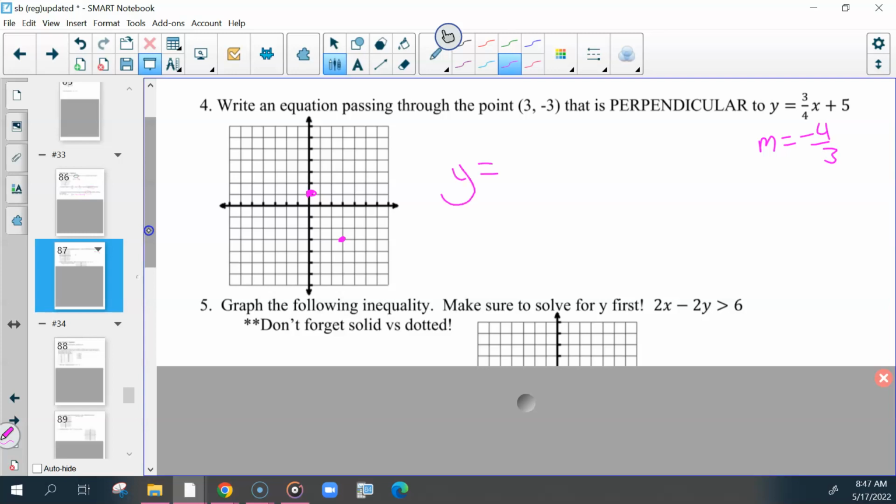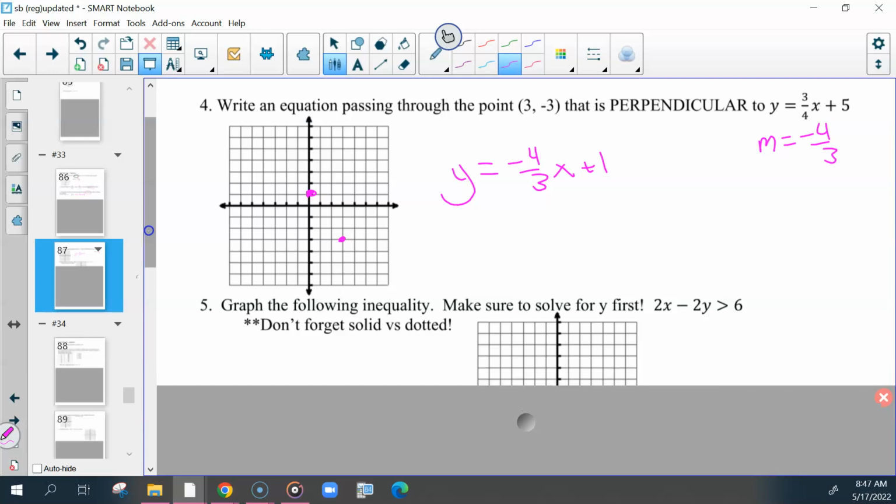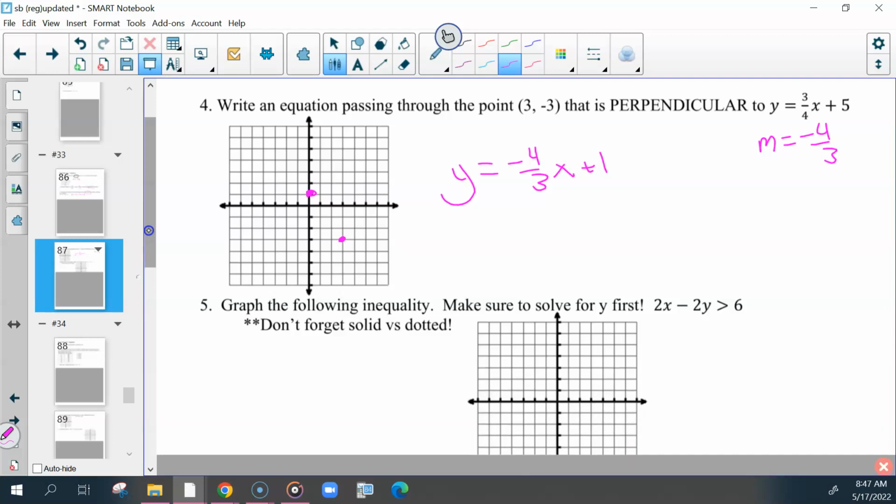So our equation would be y equals negative 4 over 3x plus 1. Here's how you get the up 4 to the left 3.